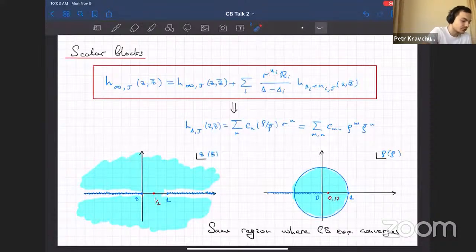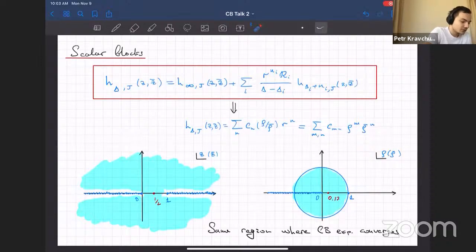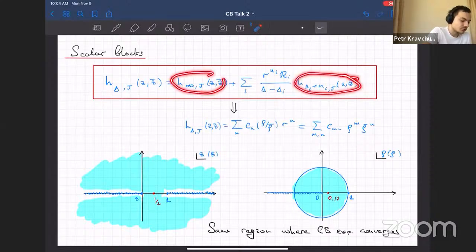So if you want to find the leading term in r, so r to the 0 of h delta j, you just drop this entire sum, and you just take the r to the 0 term from the function h infinity, which is known. And if you now want to compute, say, the r to the first term, you only keep the terms in the sum, of which there are finitely many, which have ni equal to 1, and you use the leading order result that you have for h in these terms, and you expand this function to two more orders.